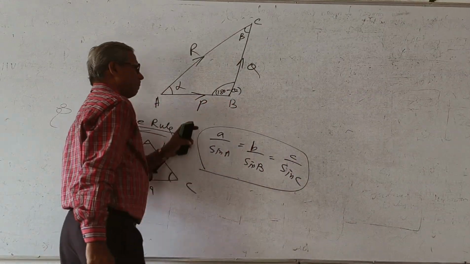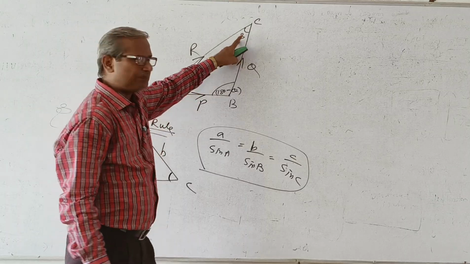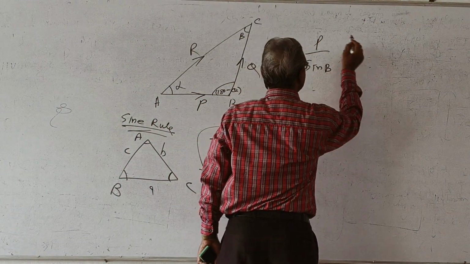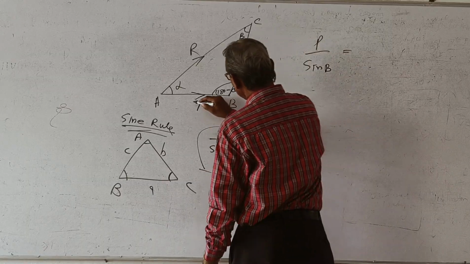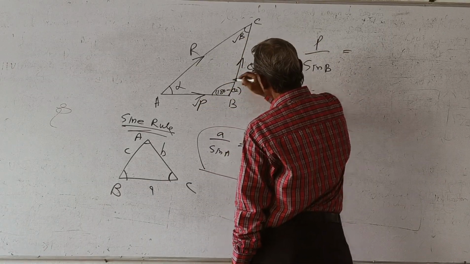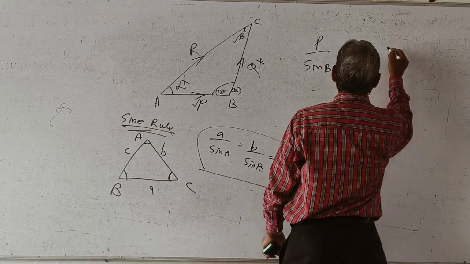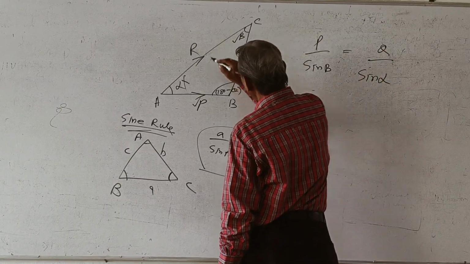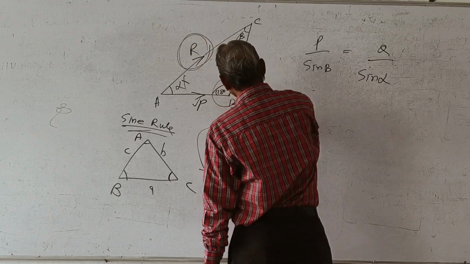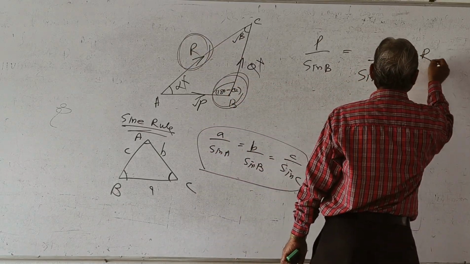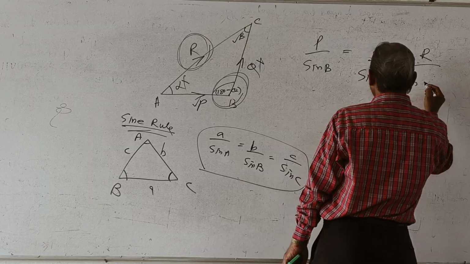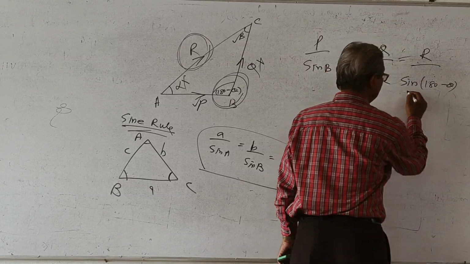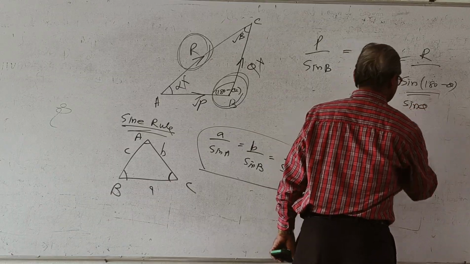So in this triangle, P by sin beta, Q by sin alpha, R by sin of 180 minus theta. What is sin of 180 minus theta? Sin theta.